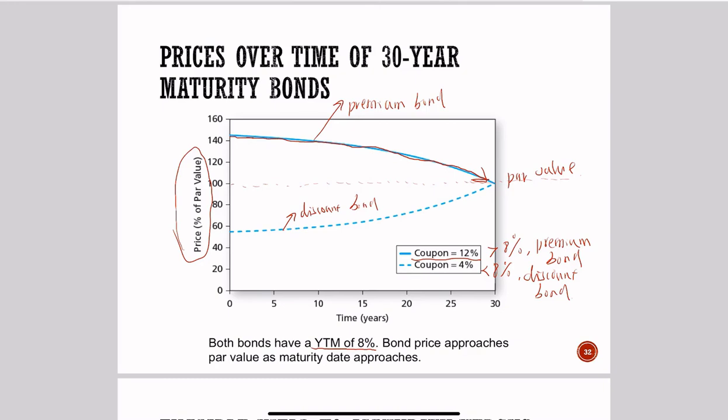That's the only way the bond price can converge to par value. So the same logic applies to a discount bond. If its initial price was lower compared with par value, then because in the end the bond price will have to converge to par value, the only way is for the bond price to increase to par value, right? So this is very easy to understand and it's a very natural result.